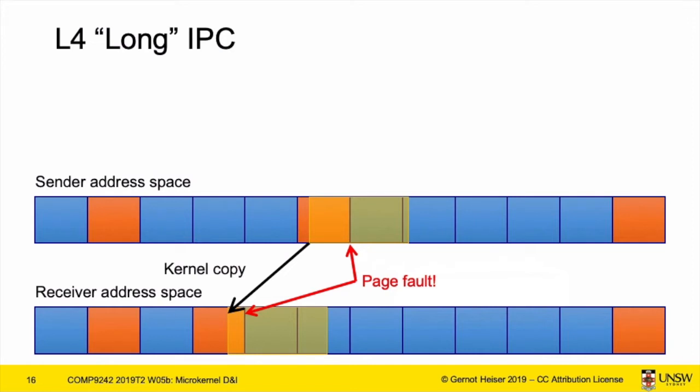Now you're in a sort of incomplete state while doing this copying, and now you get concurrent access to the same state, because whatever the exception handler does, it will need to refer to either or both of these threads as well. So you get into concurrency control issues in the kernel.